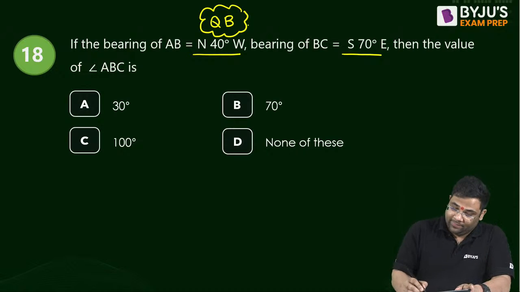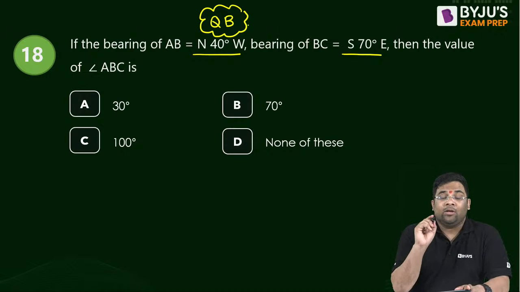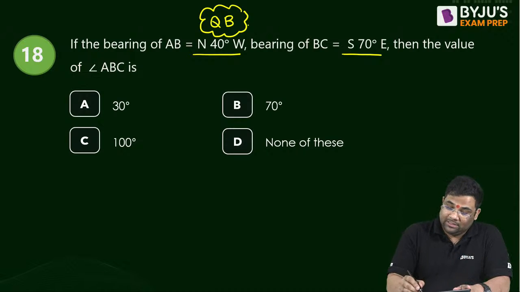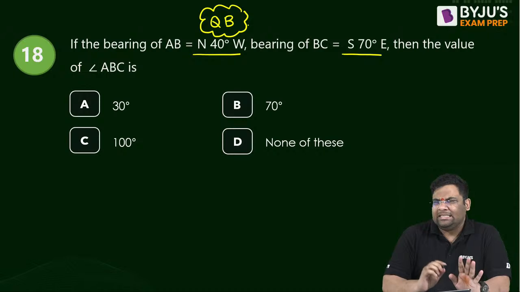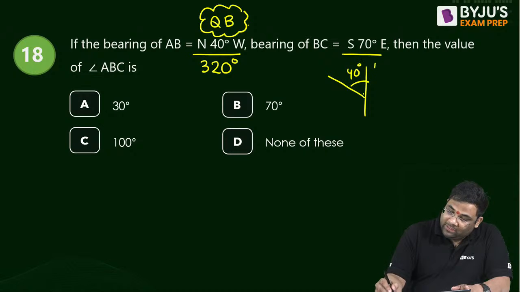Let me draw it, right? First, AB is north 40 degree west. This north 40 degree west is actually how much? It is actually 320 degree, right? You see, this is north 40 degree. If you see clockwise, it is 320 degree.